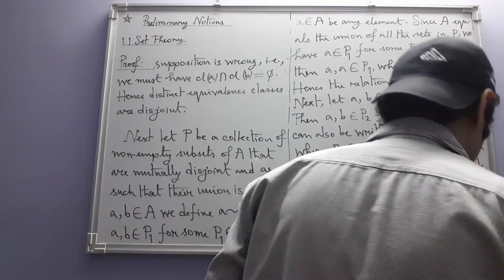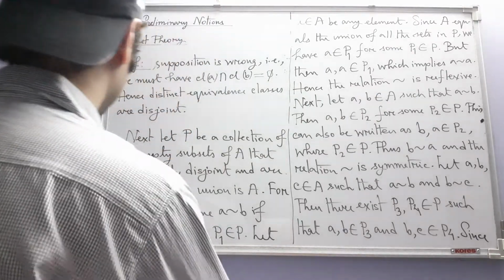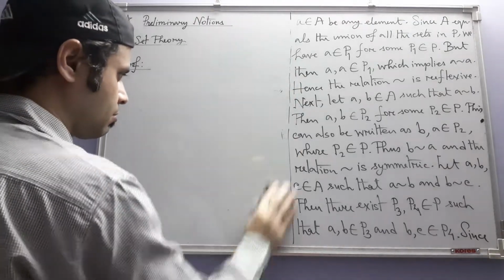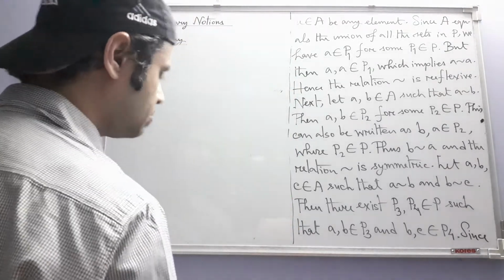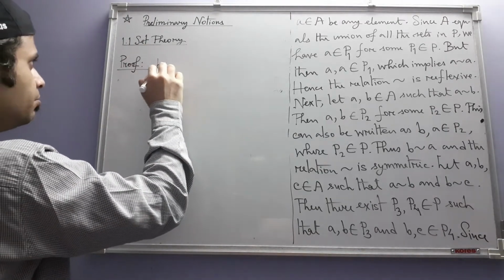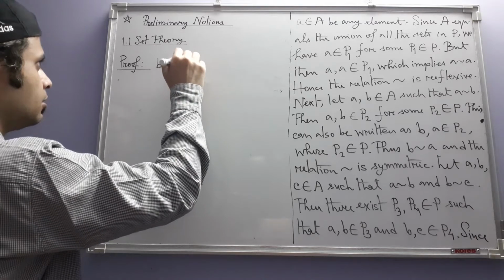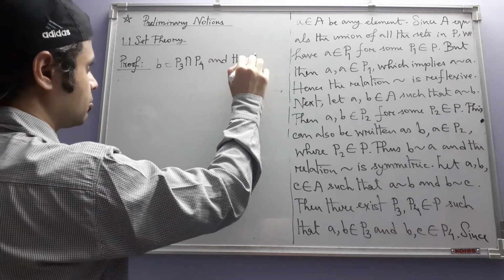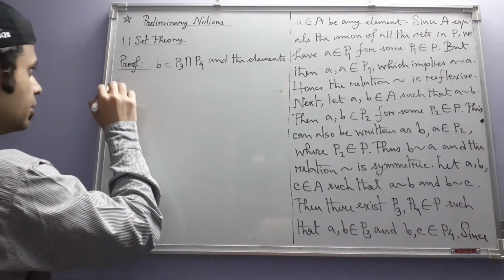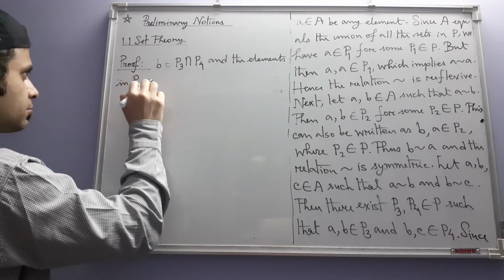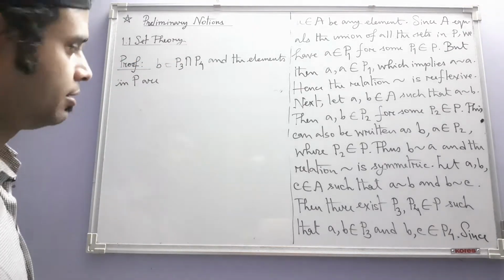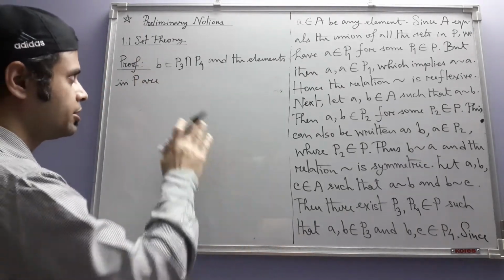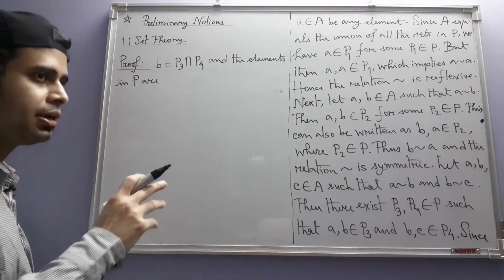Now, since b belongs to P3 intersection P4, and the elements in P mean subsets of A, not all subsets, some subsets, and the condition is that these subsets that are in P are mutually disjoint.